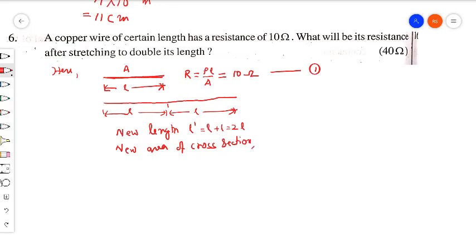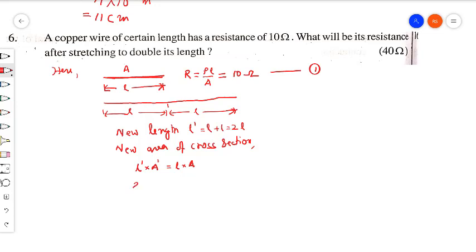When we stretch the wire so that the length becomes double, the area of cross section decreases. The new length into new area of cross section, L prime into A prime, is equal to the initial length into initial area of cross section. The volume, length into area of cross section, will not change.